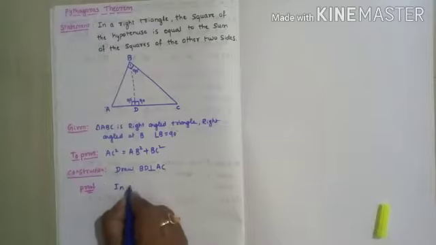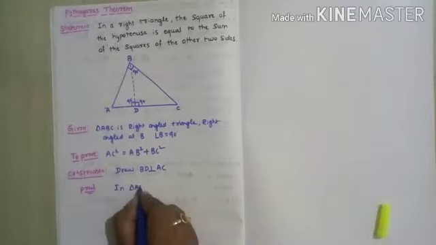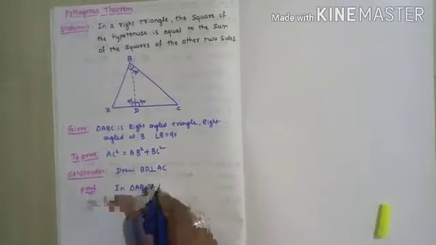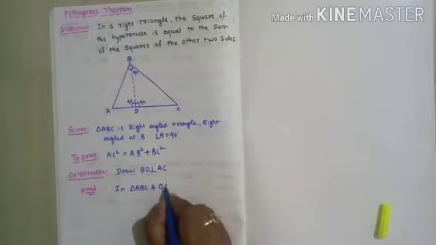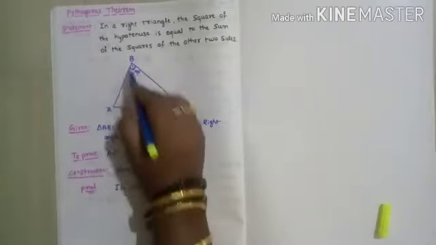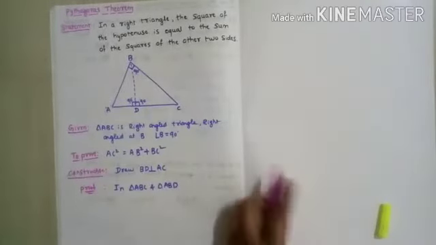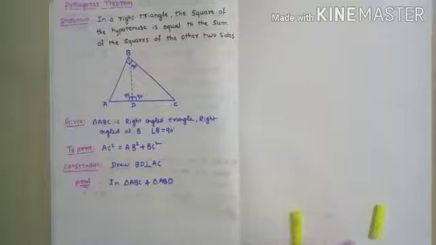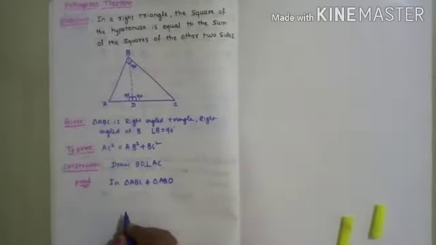In triangle ABC and triangle ABD, we should prove those two triangles are similar. How can we prove those two triangles are similar?